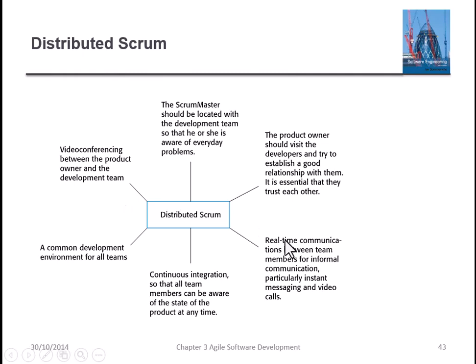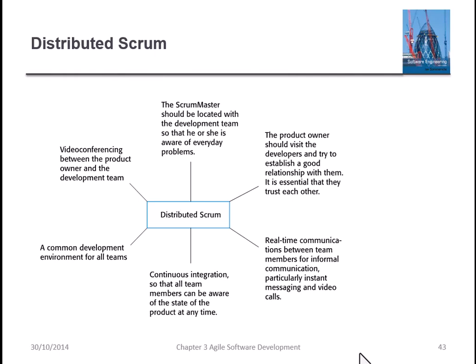Real-time communication between team members for informal communication, particularly instant messaging and video calls. Remember, there are two types of communication. One is formal communication, where you discuss only the main agenda, and the other is informal communication.